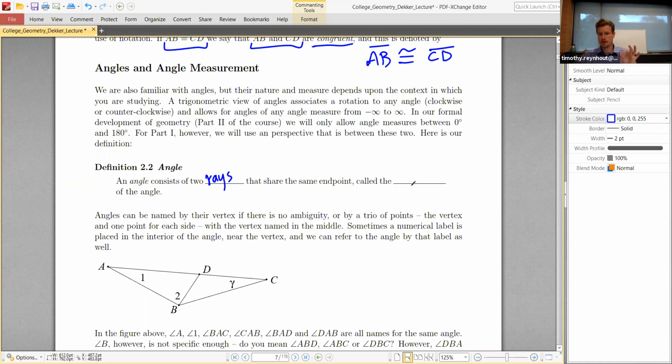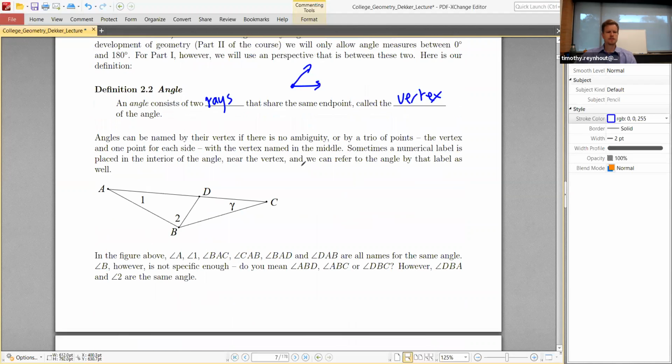But to help with our definition, we say rays, so that way we can refer to their endpoint, and that these two rays share an endpoint called the vertex of the angle. So again, an angle itself is where we have two rays extending from a common endpoint called the vertex.